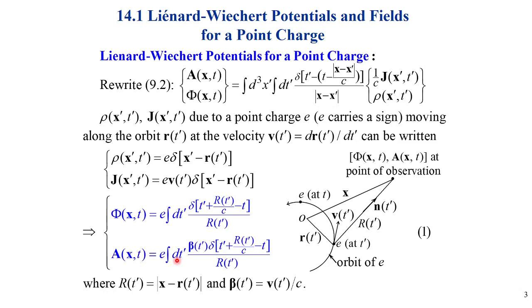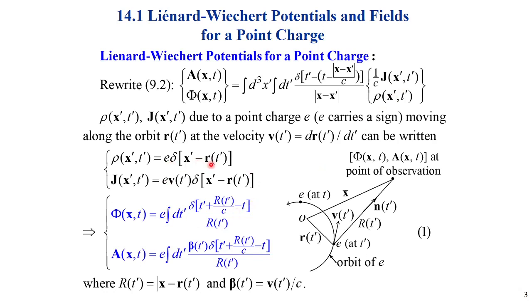It's a volume integration plus time integration. Volume integration is relatively easy. This is the volume integration. This is the time integration. Volume integration tells us one thing: only when x prime equals r of t prime. So we can change this integration, 1 over c, e times rho. So we get e here.